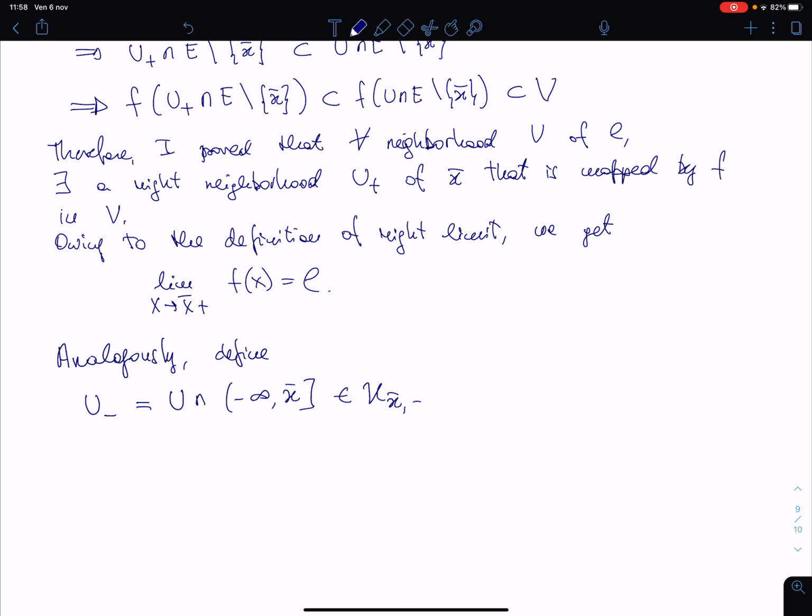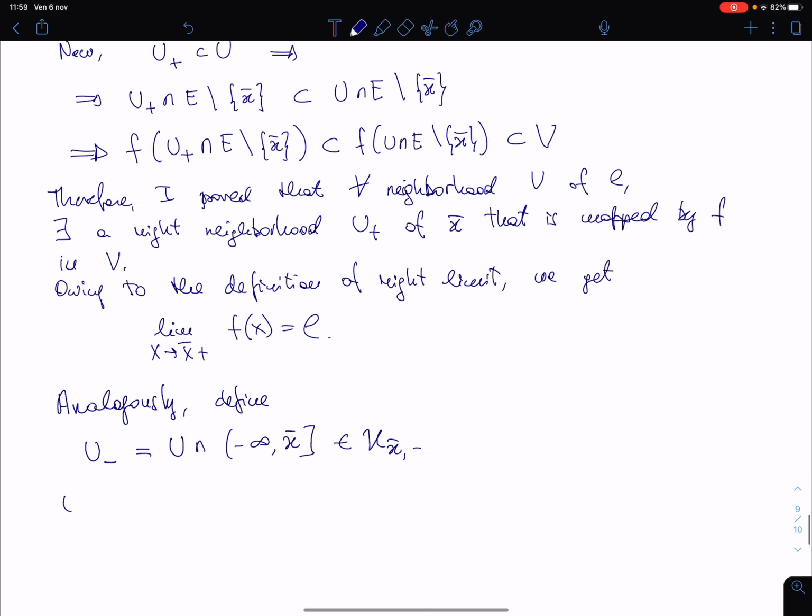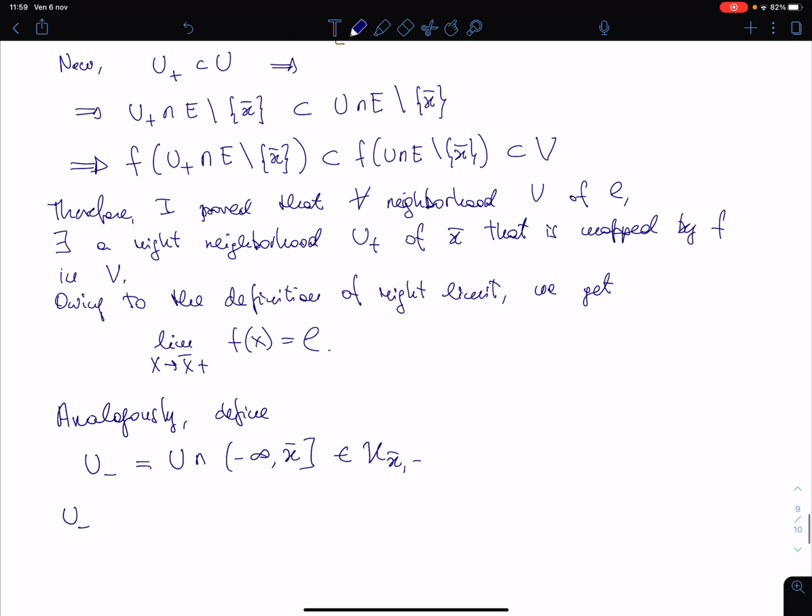And again, as before, since U minus is contained in U, then the intersection of U minus with the domain E, with a possible exclusion of the basis point x bar, is contained in U intersection E minus x bar.